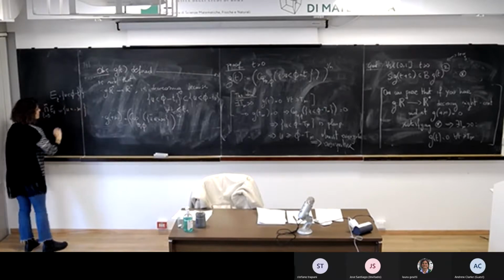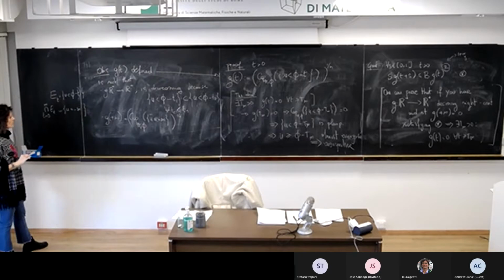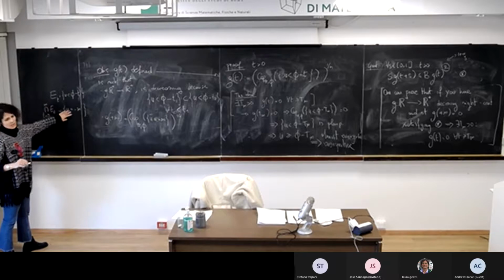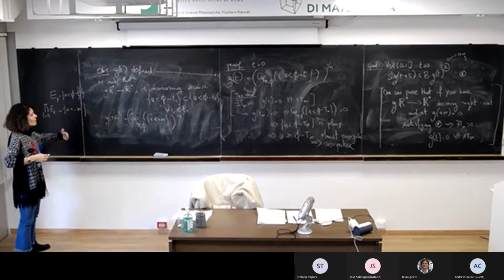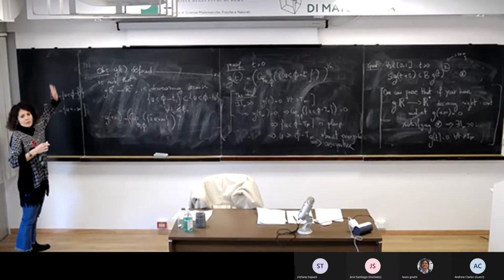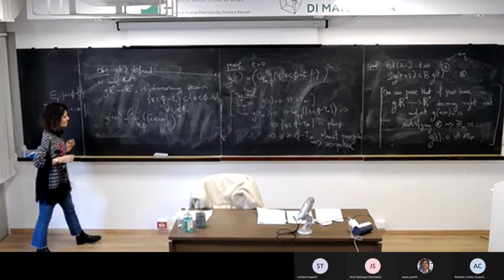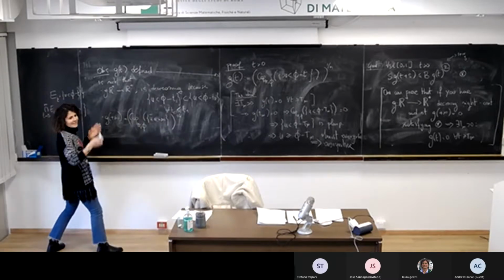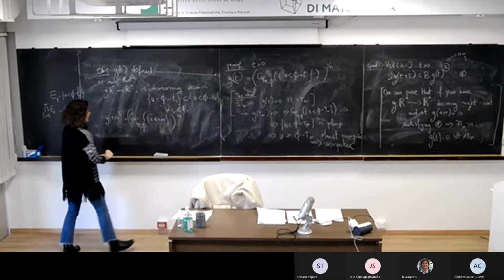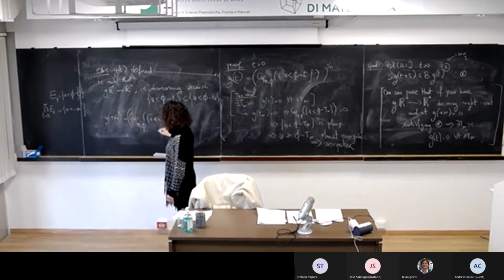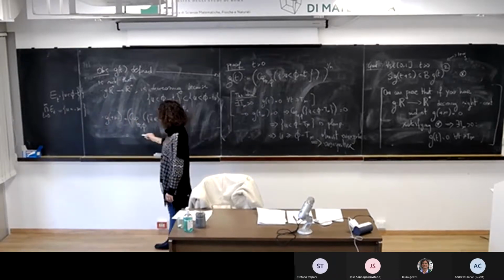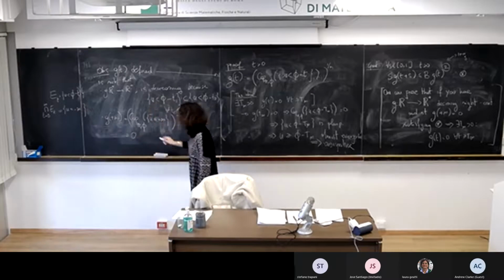Okay, but then the limit of the capacity of E_t is going to be equal to the capacity of the intersection. Yes. But this is something that is proved when we look at all the properties of the capacity. So this is just an idea. Okay. So this is the capacity of this set, but this is a pluripolar set, and the capacity is 0. Okay. So this is the idea.